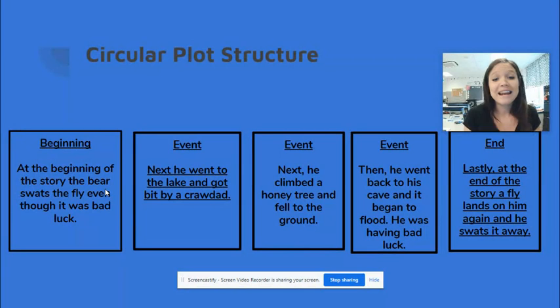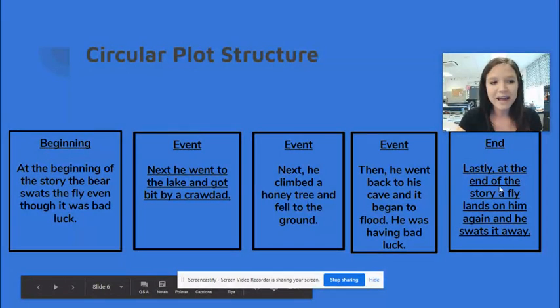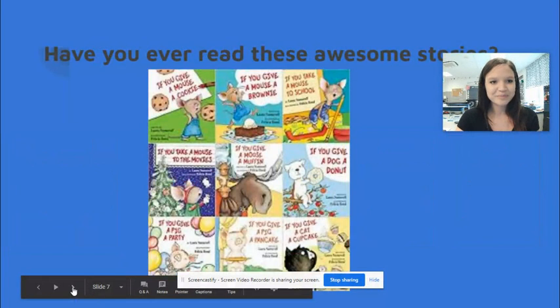Shucks. Next, he climbed the honey tree and fell to the ground. Then he went back to his cave and it began to flood. He was having such bad luck. And then lastly, at the end of the story, a fly lands on him again and he swats it away. So we have the same event at the end that we do at the beginning. That's what we call a circular plot structure. Pretty simple.